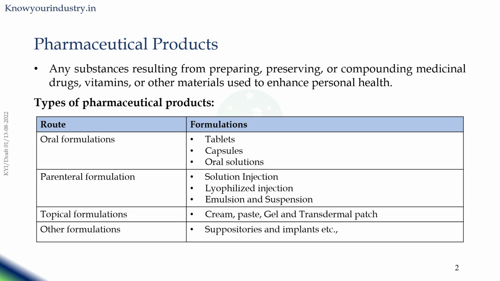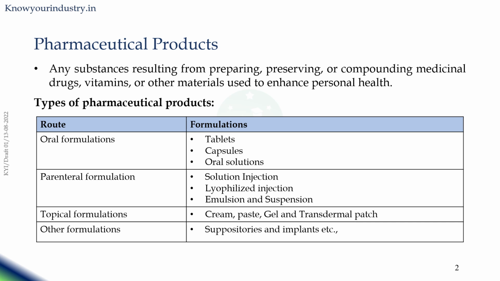There are various types of products. Here we have put certain ones that are very regularly used throughout the globe. There are multiple routes available, but right now for our understanding we have put simple formulations, which are oral, parenteral, topical and other formulations.